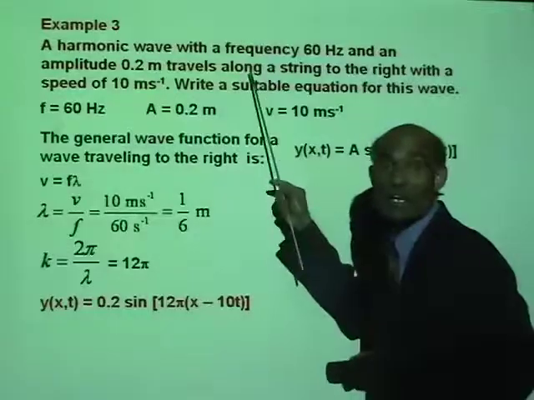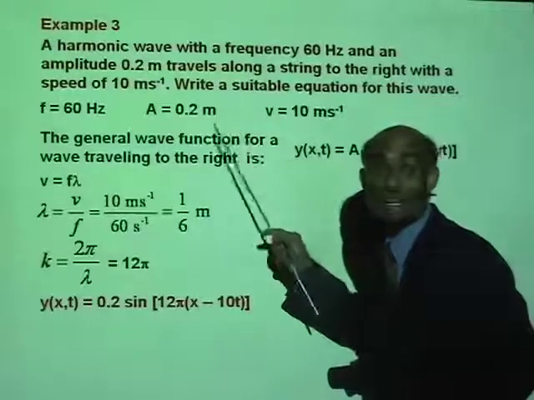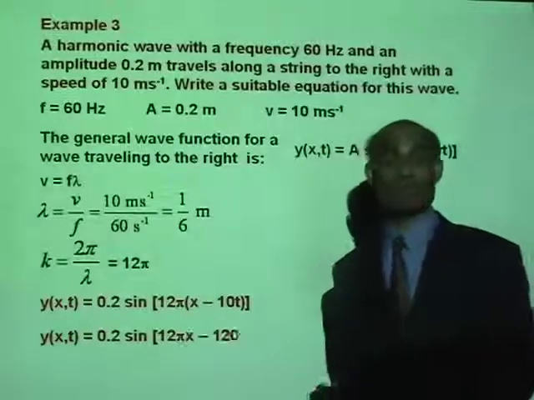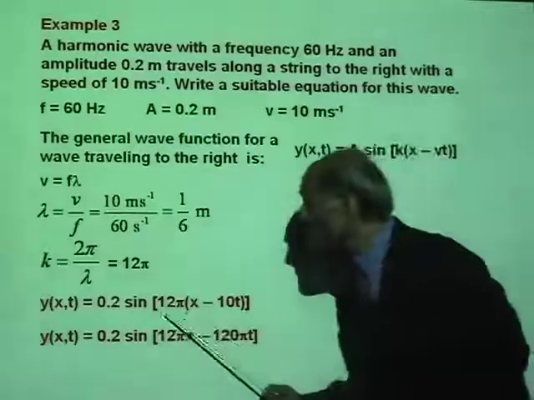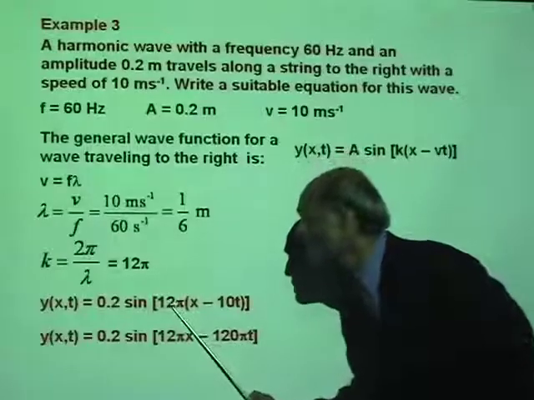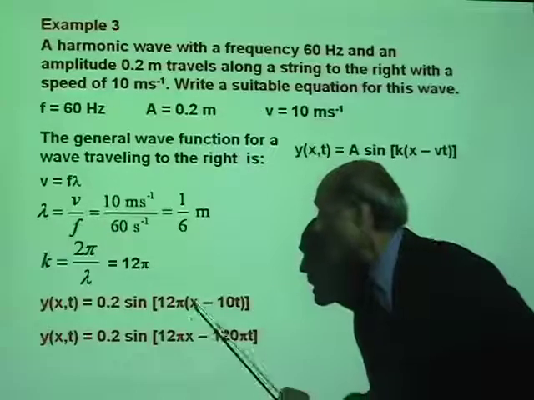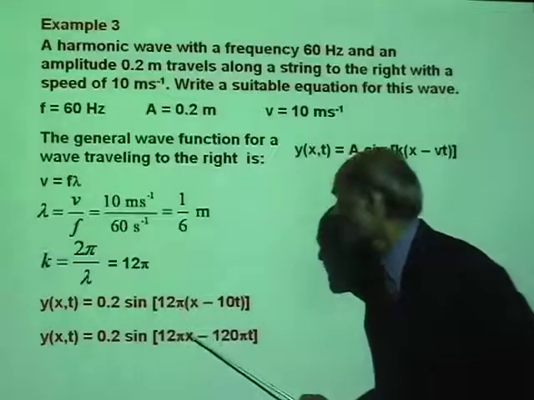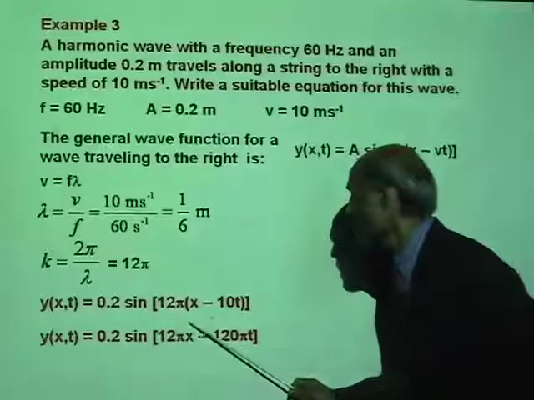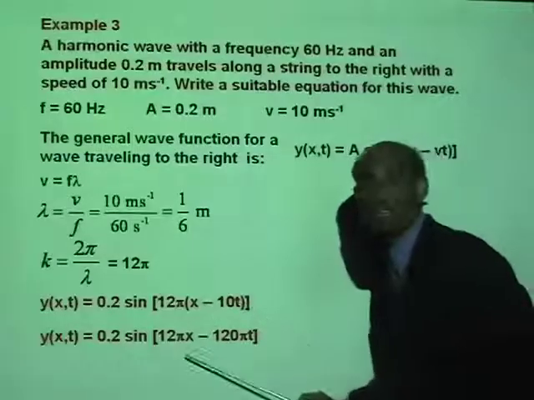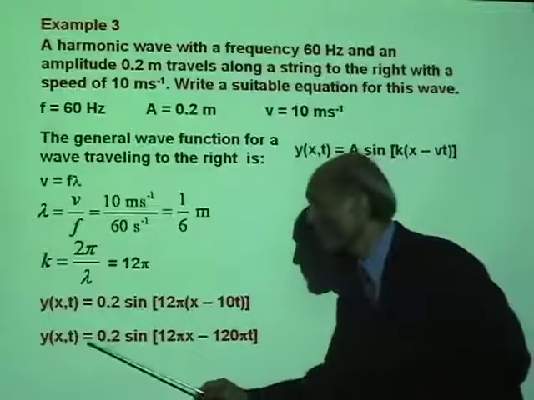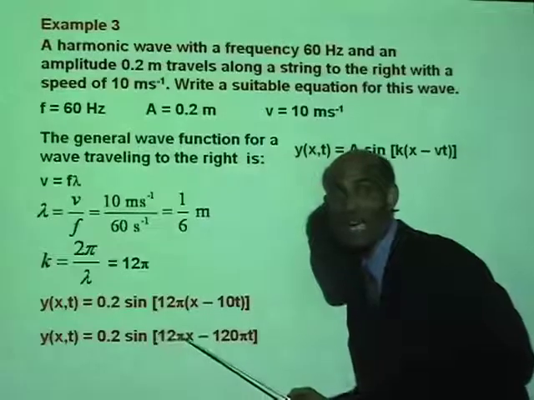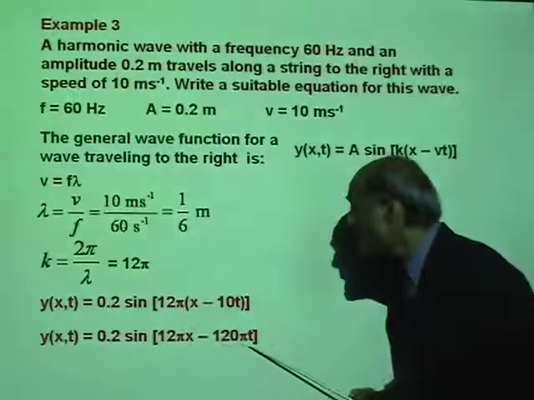So information about a wave can be used to write the equation of that wave, which is the same as, distribute that 12 pi, that will be 0.2 sine 12 pi x minus 120t pi. This now is of the form y(x,t) equal to A sine kx minus omega t.